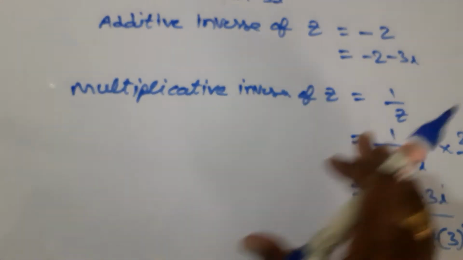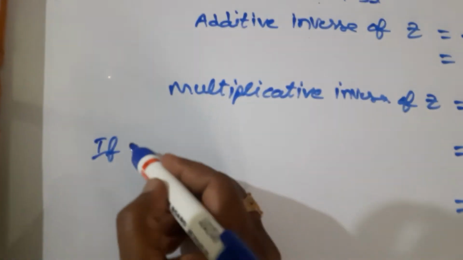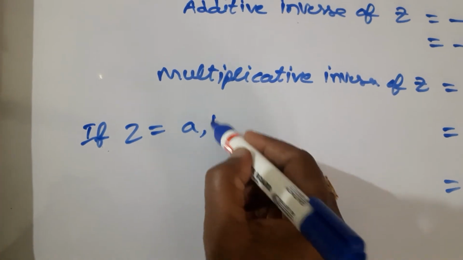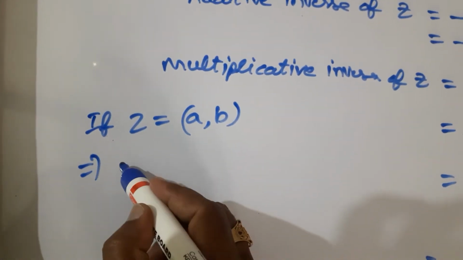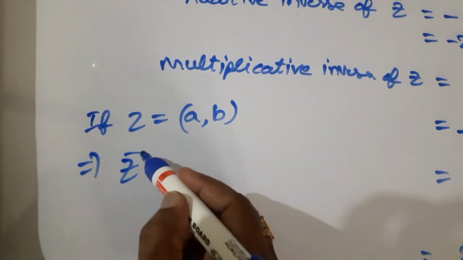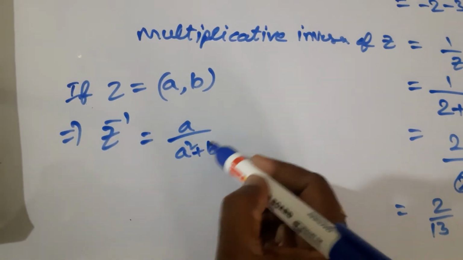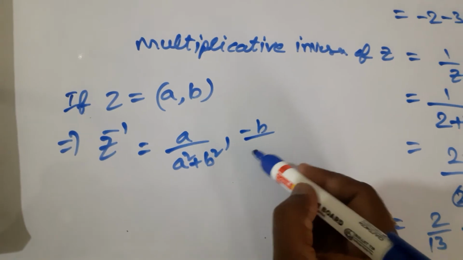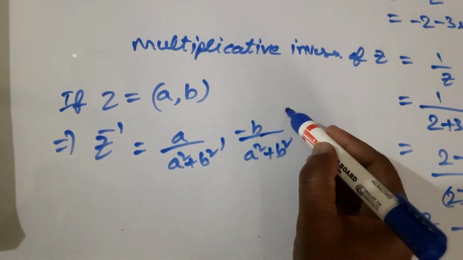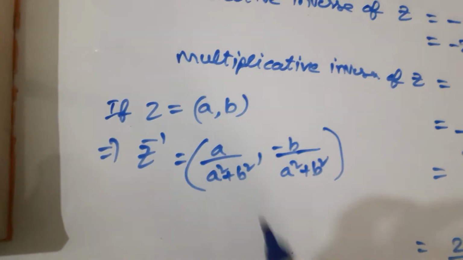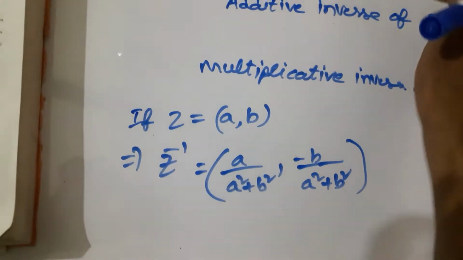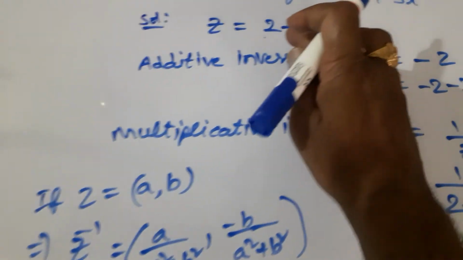To calculate this, we can use one formula also. If z equal to a comma b implies multiplicative inverse of z, that is z inverse equal to a by a square plus b square comma minus b by a square plus b square. Using this formula, we can calculate multiplicative inverse of a complex number. Let us see for the same problem 2 plus 3i.